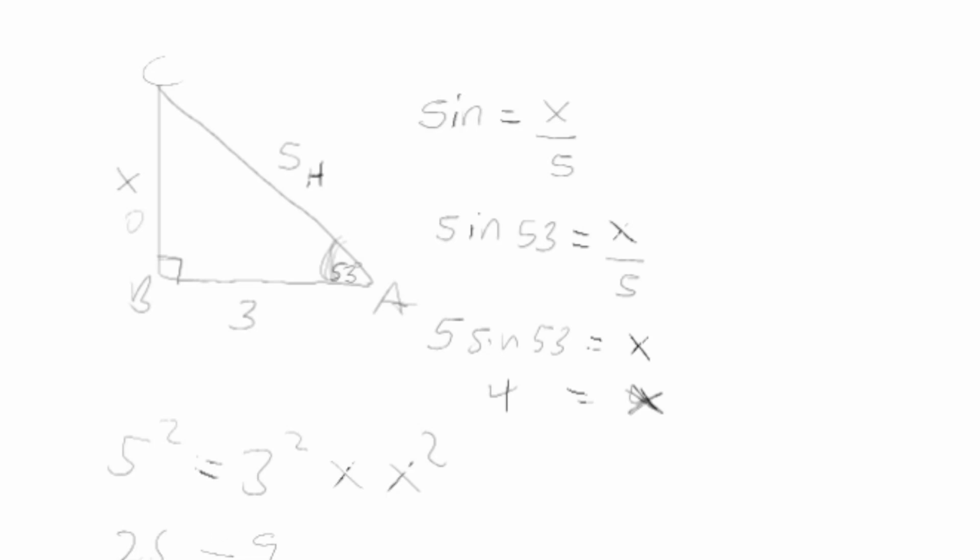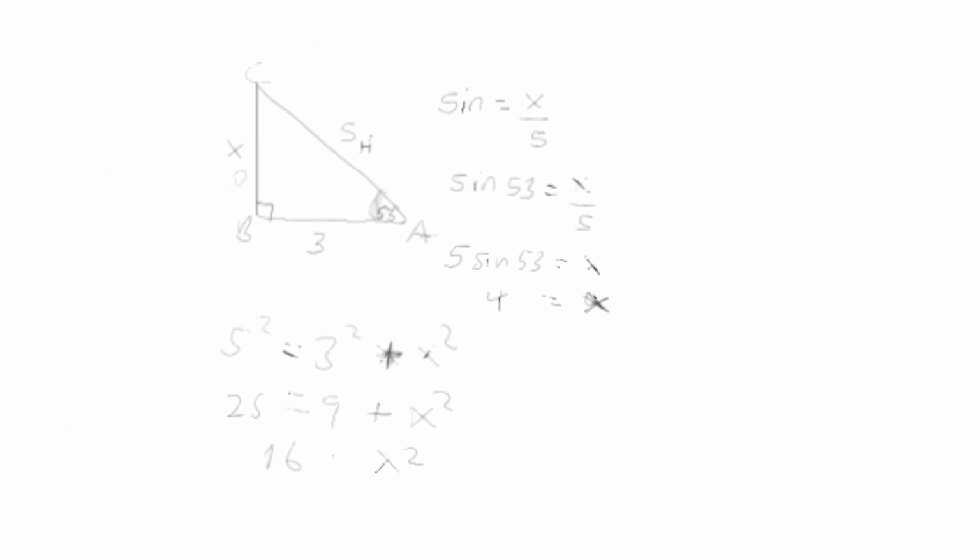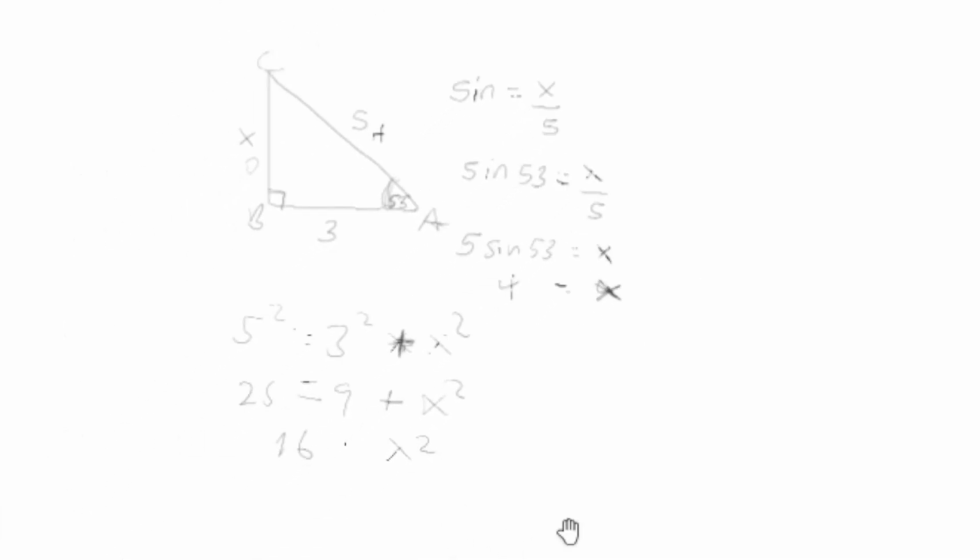So 25 is equal to 9 plus x squared. You group like terms and you get 16 is equal to x squared. If you find the square root of both sides, you get x is equal to 4. This is how you'll be able to solve triangles.